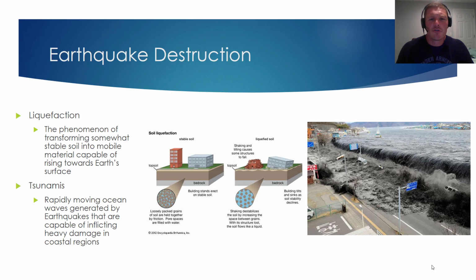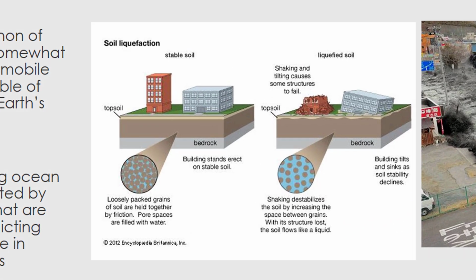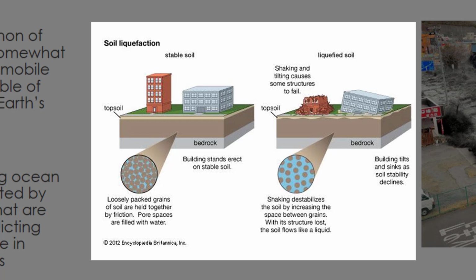Our last consideration in this podcast are 2 specific examples of earthquake destruction. The first example I'd like to talk about is something known as liquefaction. Liquefaction is the phenomenon of transforming somewhat stable soil into mobile material that's capable of rising towards Earth's surface. In other words, liquefaction allows stable soil to act almost as a liquid during an earthquake. In the center image, we see what can happen when liquefaction occurs during an earthquake.